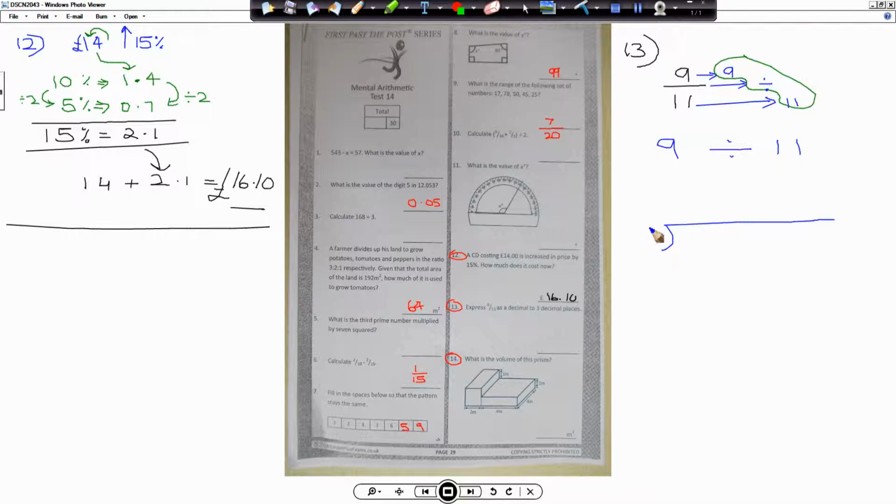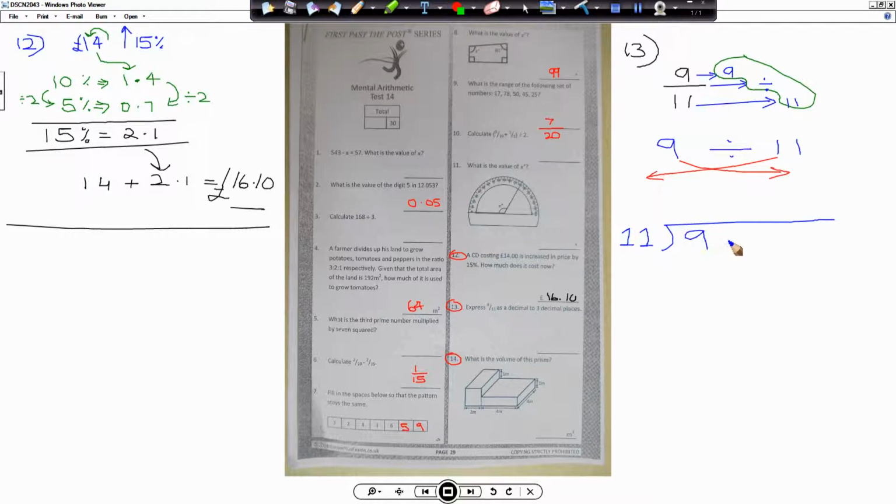So, Faisal, where does the 11 go? Outside or inside? The 11 always goes outside. The number that you're dividing by always goes first, and the number you start with goes inside. Put the 9 in here.